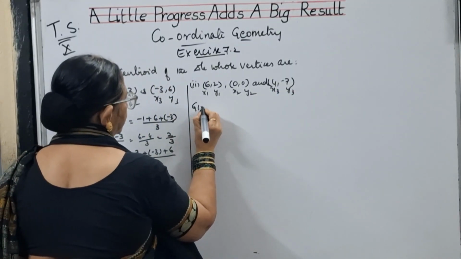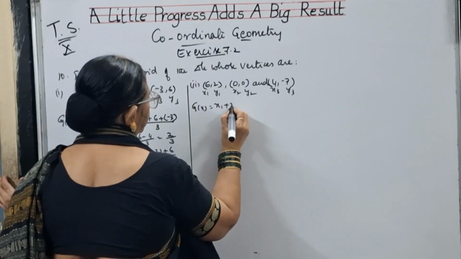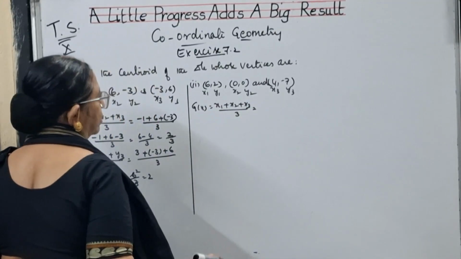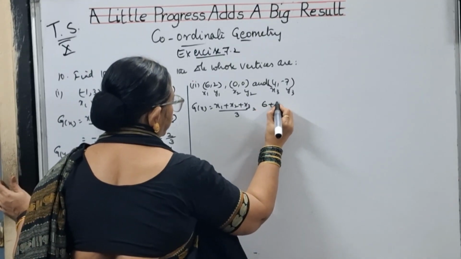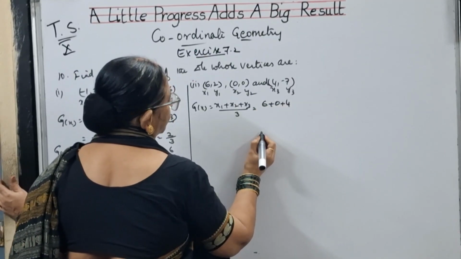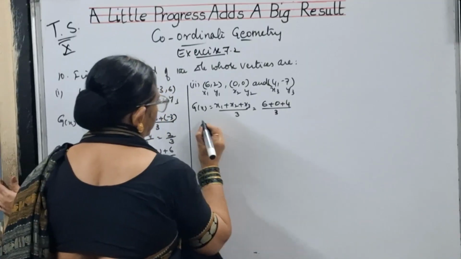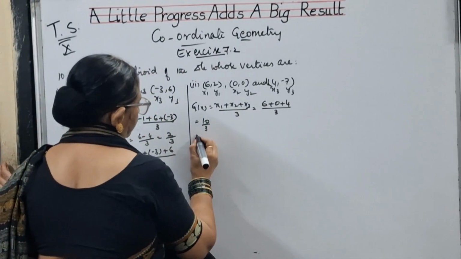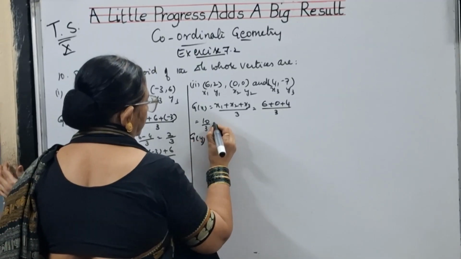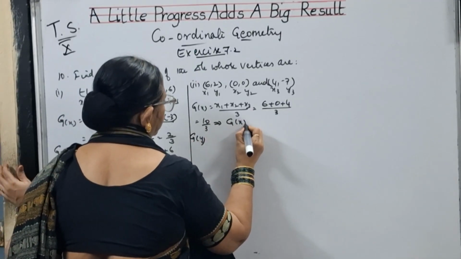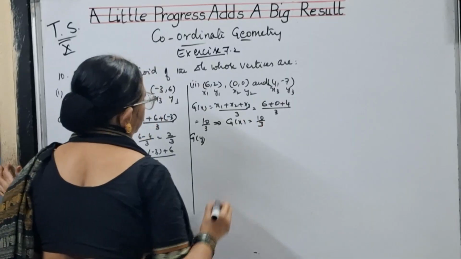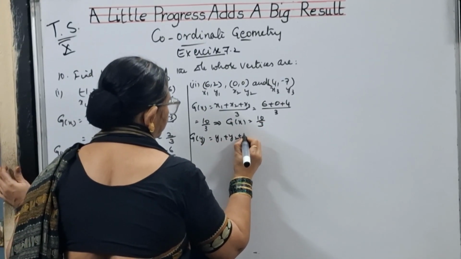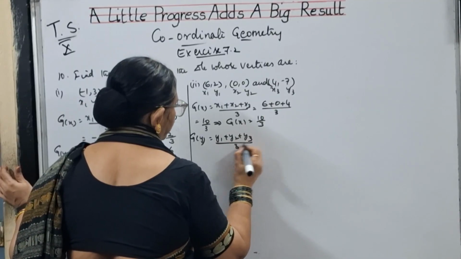So g of x, (x1 plus x2 plus x3) by 3, that is equal to x1 6 plus x2 0 plus x3 4 by 3, 10 by 3. So this implies g of x is equal to 10 by 3. G of y, (y1 plus y2 plus y3) by 3.